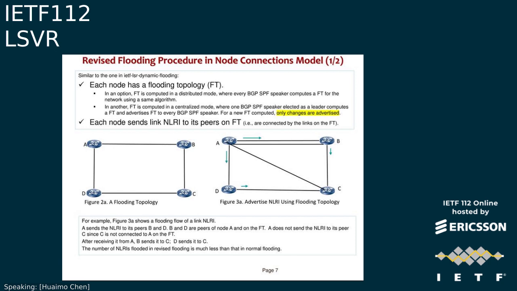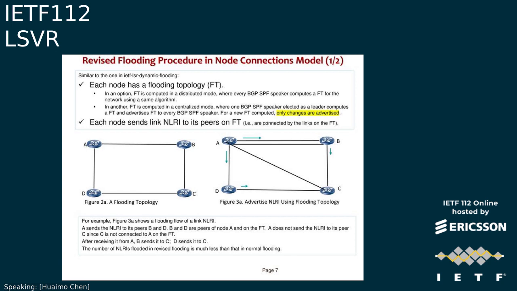In the second option, in centralized mode, we have a leader that computes a flooding topology and distributes it to every node. With this flooding topology, every node will send the link states to the peers connected by a link on the flooding topology.